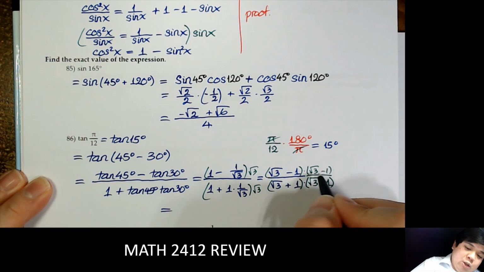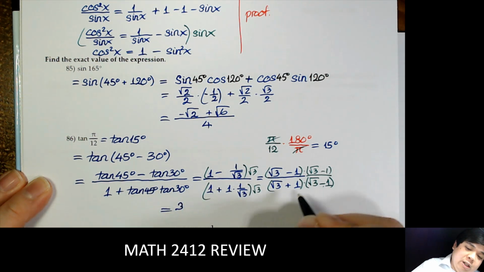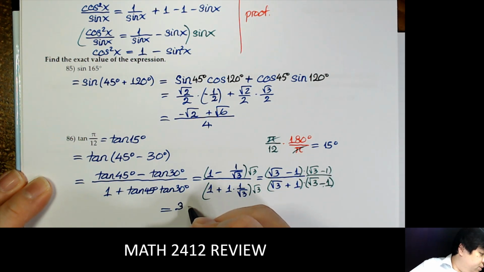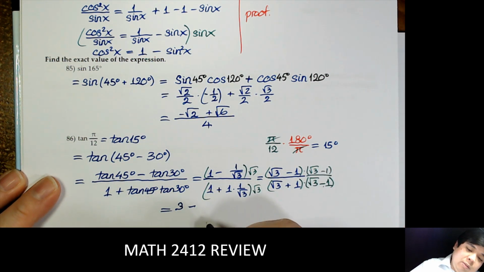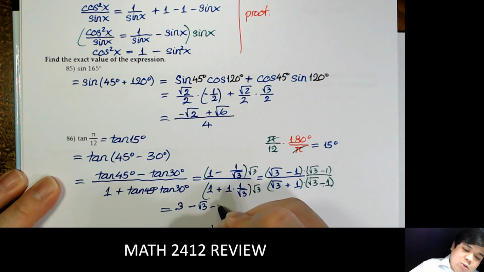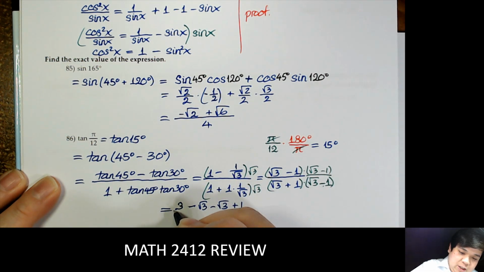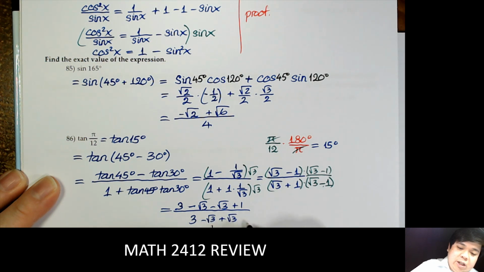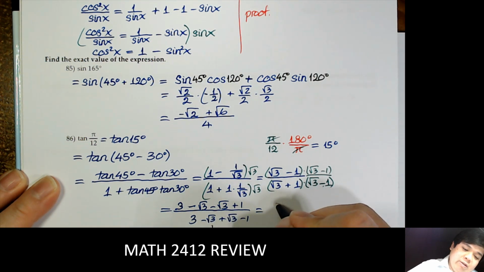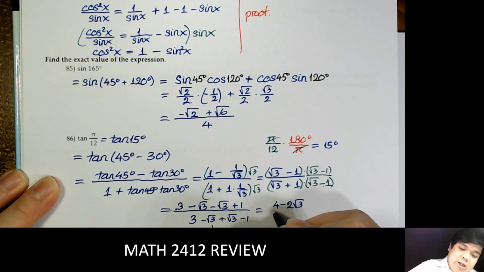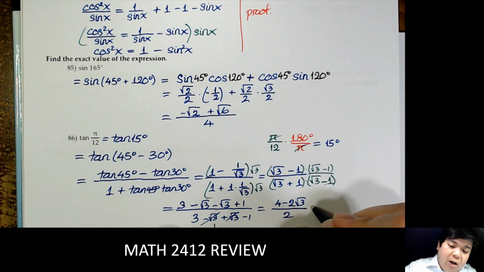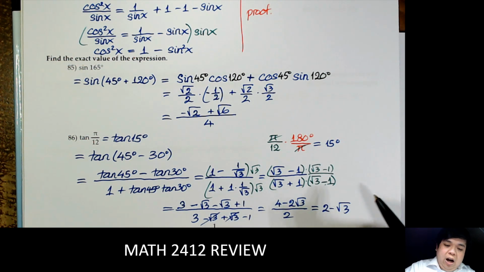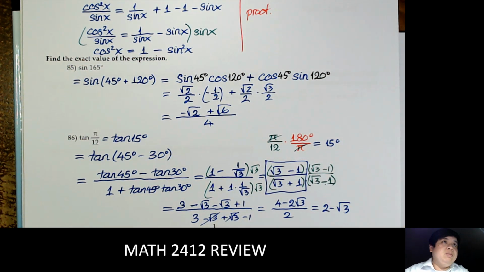Right, multiply them out. Square root of 3 squared is 3, minus square root of 3, plus square root of 3, minus 1 on the bottom. On top, 3 minus square root of 3 minus square root of 3 plus 1. Bottom line is we have 4 minus 2 square root of 3 over 2, and dividing 2 top and bottom, we have 2 minus square root of 3. We could just stop at this step if we want to.